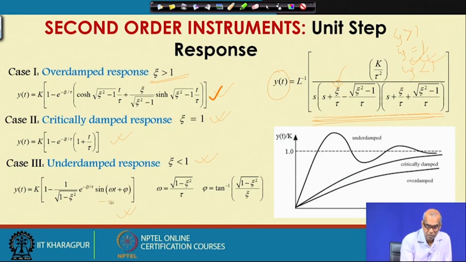Look at here, this is a sine function. So, there will be oscillations. So, this is the radian frequency of this oscillation, and this is the phi value. So, depending on the value of zeta, we have 3 different types of responses.